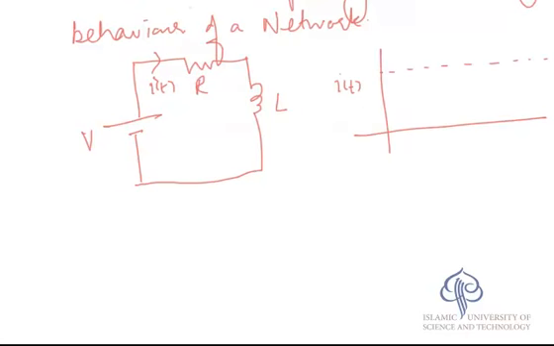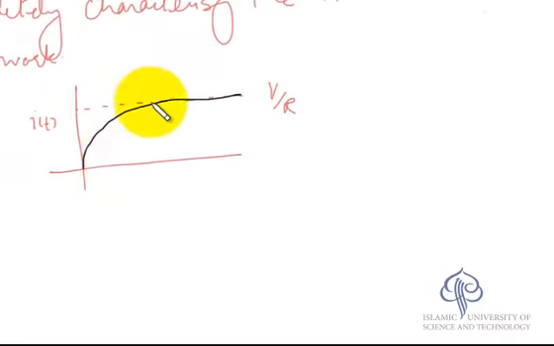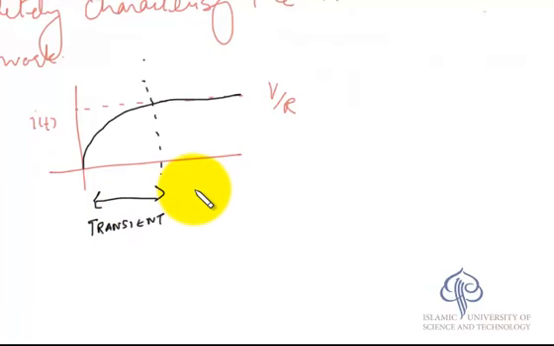But it's not going to rise to V by R instantaneously because of the inductor. The current response is going to be something like this. So there is a transient period in the response, and there is a steady state period in the response.